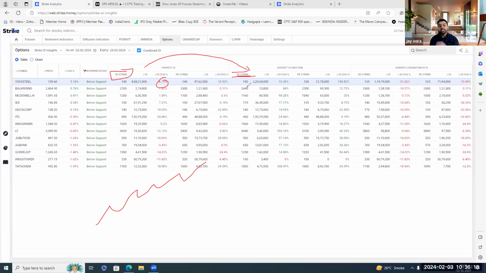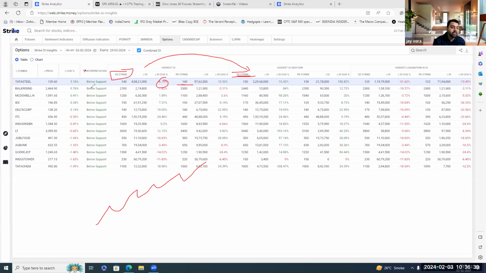When you keep seeing that often, that means that stock is in an uptrend. And whenever there is a correction towards the support level, typically you will see buying kick in over there.